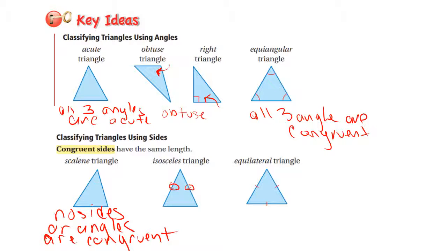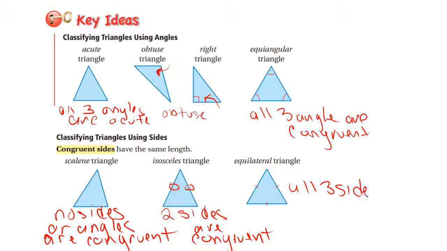Next we have isosceles. Isosceles means two sides are congruent. And finally we have an equilateral triangle. An equilateral triangle means all three sides are equal.